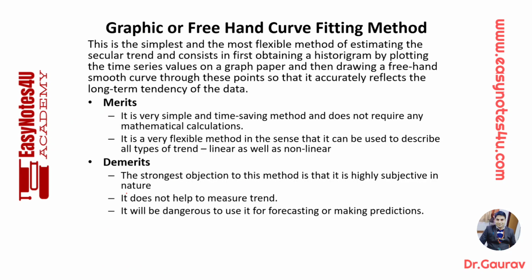So first of all, the graphic or freehand curve: in that we can just plot the data on the graph and draw the line freehand. The values are given for 2001, 2002, 2003, 2004, 2005, with values 5, 10, 2, 15, 7.